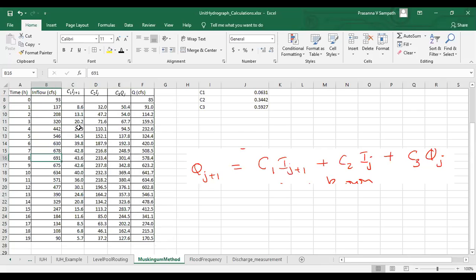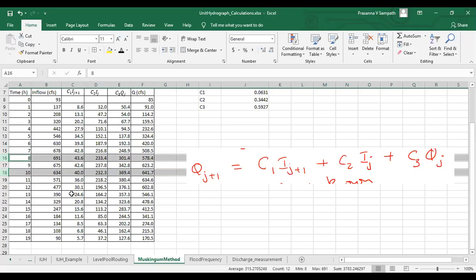The peak of the inflow is over here, 691 CFS at 8 hours. Now check the peak in the outflow. The peak is at 641.